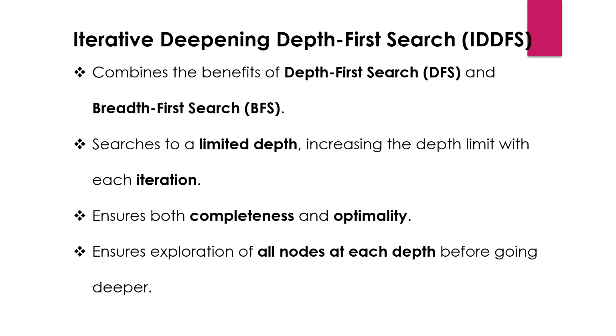If the goal is not found, the depth limit becomes 1, and again the search starts from the root. If still not found, the depth limit becomes 2, then 3 and 4. This process continues until the goal node is found.